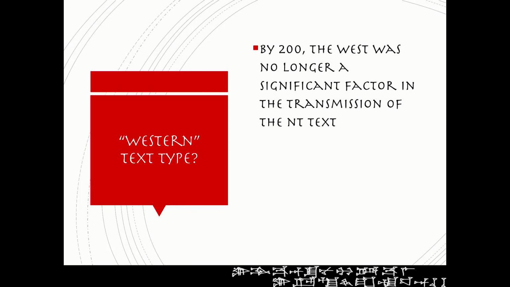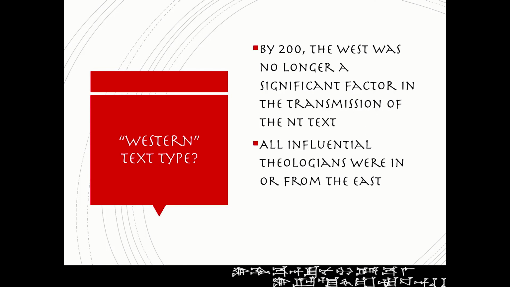Now, there's a question that they deal with in their book. Was there a Western text type? By the year 200, the West was, for all intents and purposes, no longer a significant factor in the transmission of the New Testament text. This was partly due to the fact that all of the influential theologians were in or from the East.